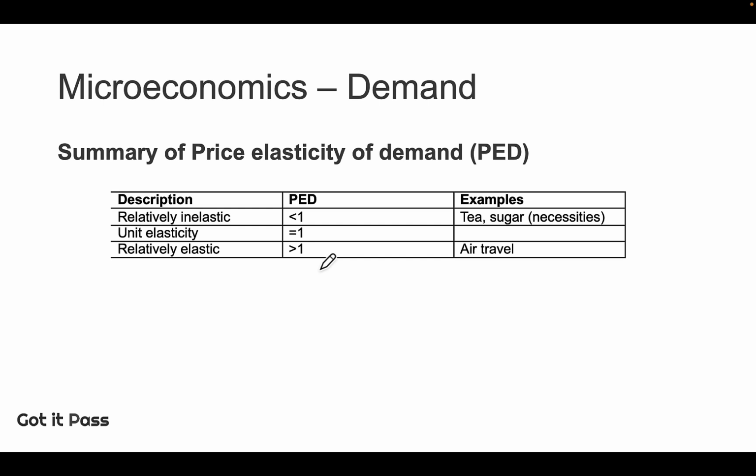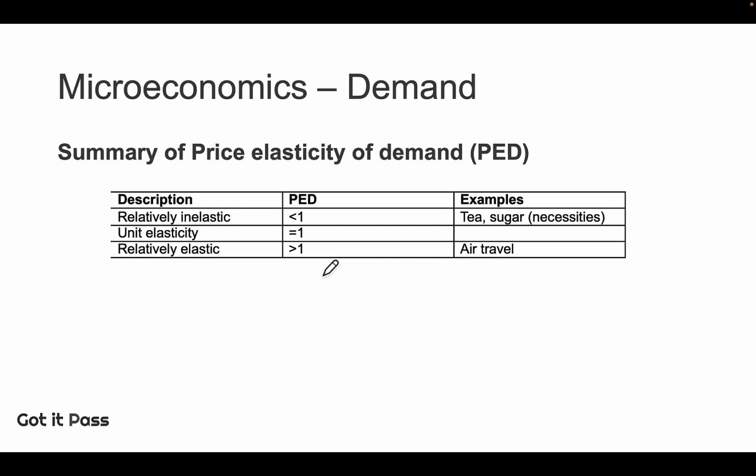That means when the price increases by, say, 10%, the drop in the quantity demanded will be more than 10% because it's quite sensitive to any price change. Or if we lower the price by 10%, the volume of the goods or services increases by more than 10%.